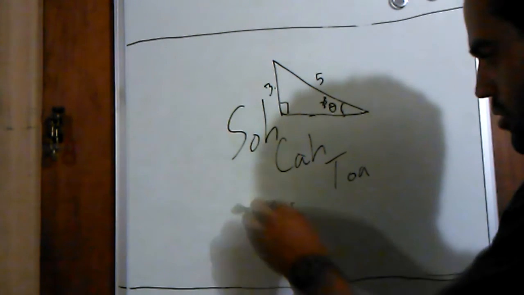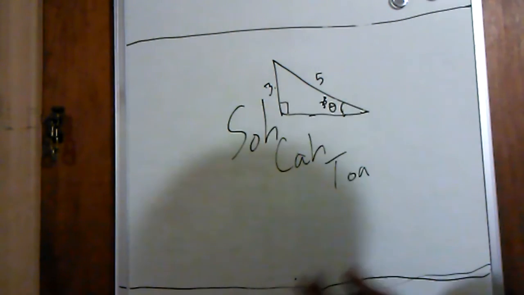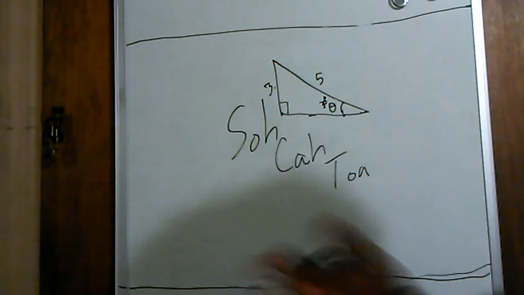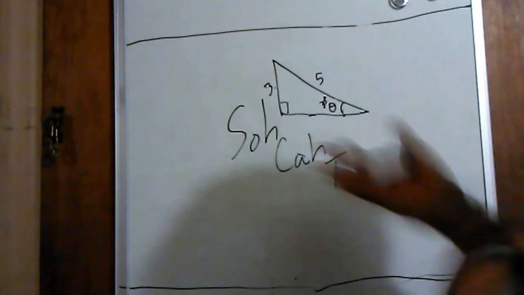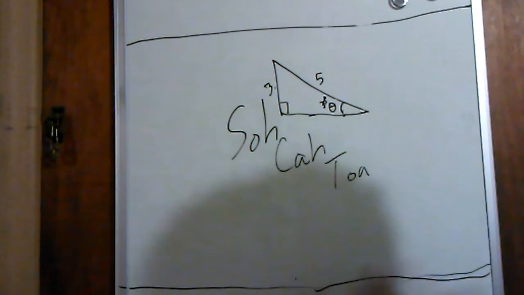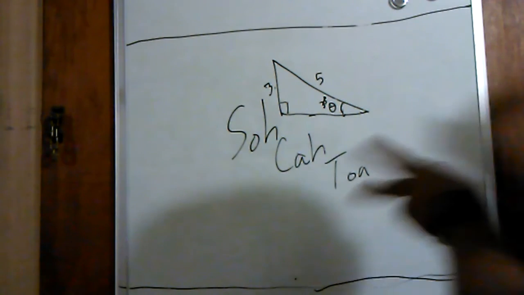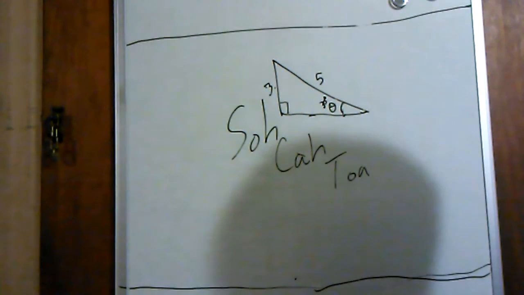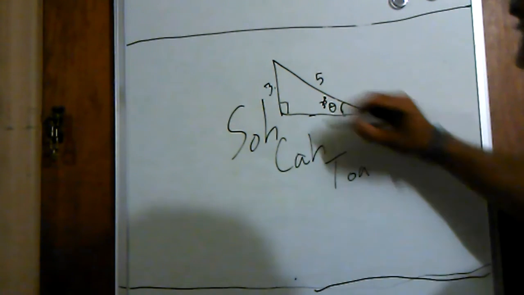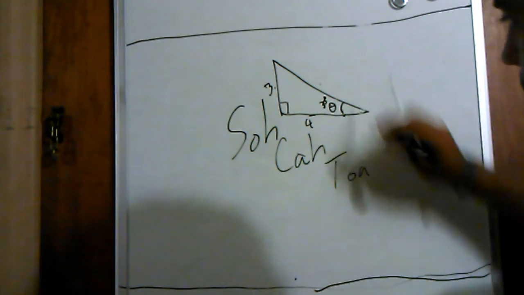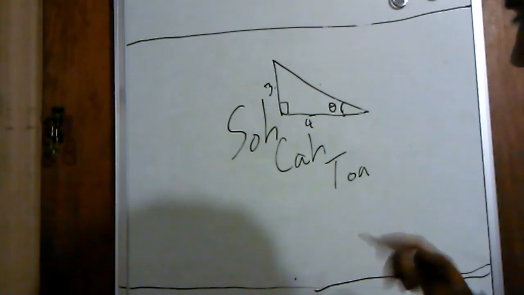Basic trigonometry. If you have 2 things about a triangle, 2 sides, or an angle and a side, you can use SohCahToa and also the arc sine, arc cosine, and arc tangent, and you can figure out all the angles and all the sides. Like if they don't give you the 5, and they say figure out theta.